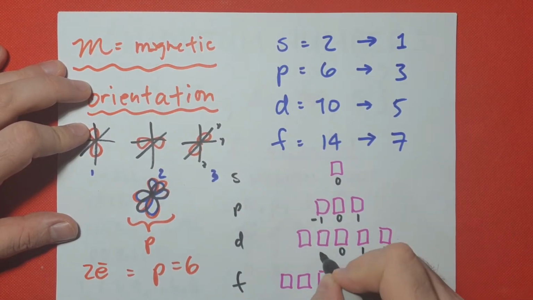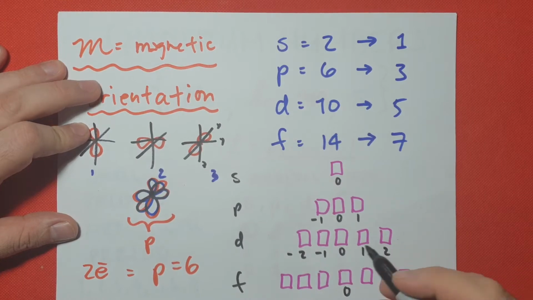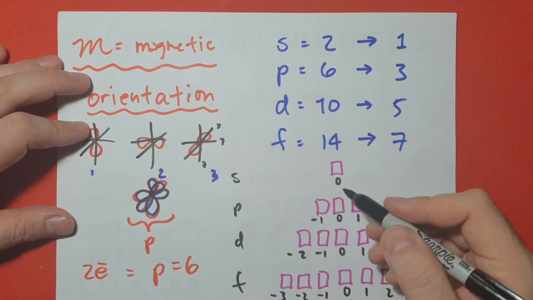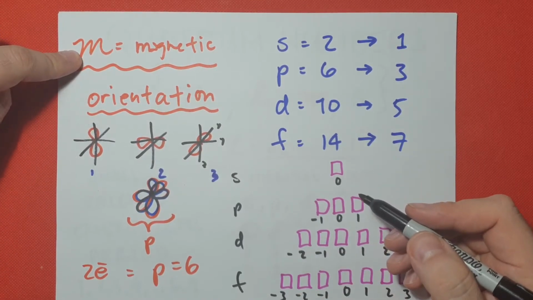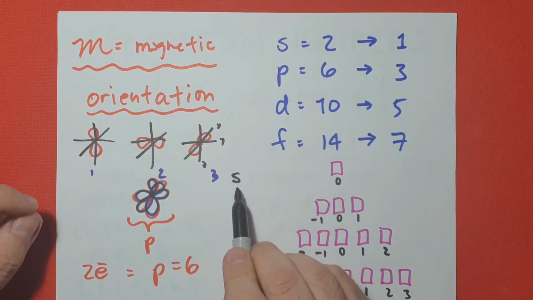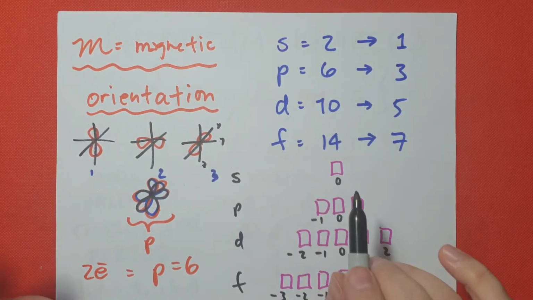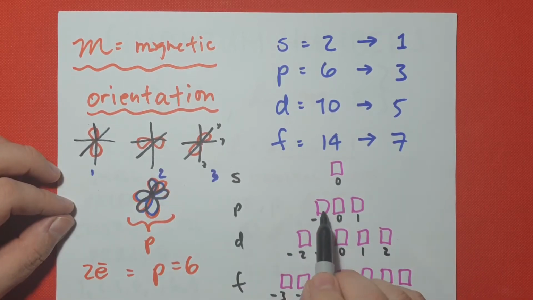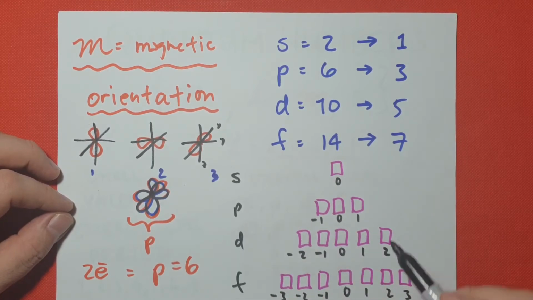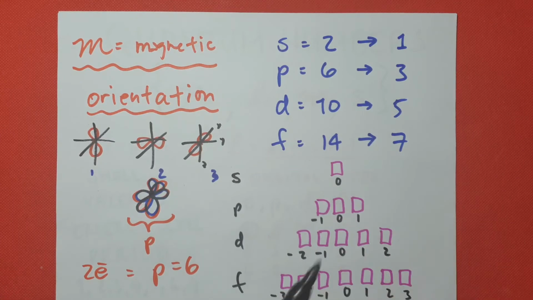So 1, 2, -1, -2. 1, 2, 3, -1, -2, -3. These are all the values that the magnetic quantum number can have depending on what orbital you're on, okay? So if you're in s orbital, it can only be 0. If you're in p, depending on what is the last electron you drew, it's -1, 0, or 1. If it's d, so forth, right? So remember this little pyramid. It's a good way to remember what we're looking at.